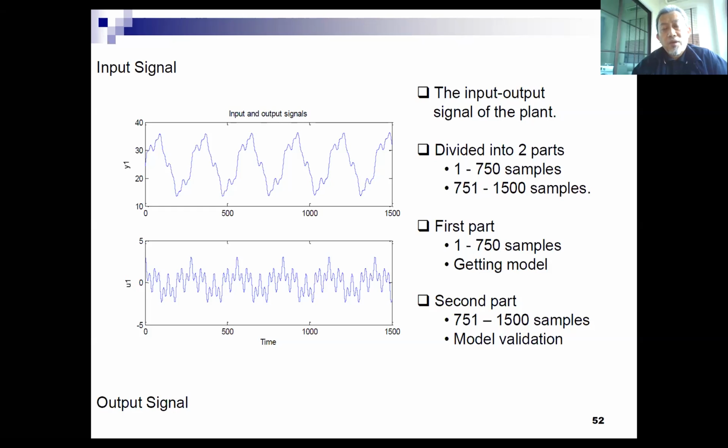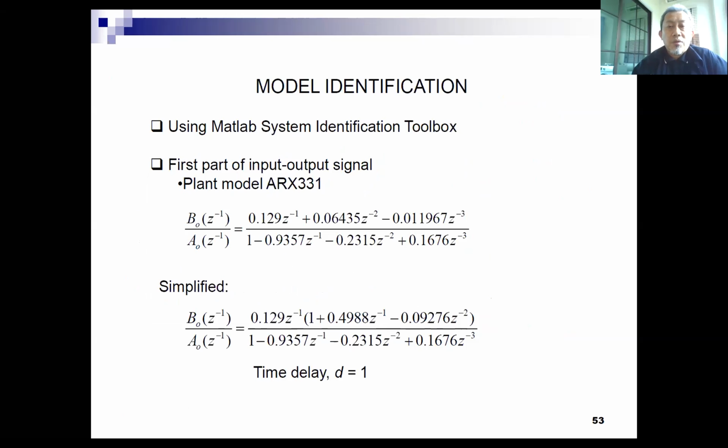The first 750 are for estimation, the remaining 750 for the validations. Then by using the system ID toolbox, you get a B polynomial and an A polynomial. This one is equal to 0, has 2 zeros and 3 poles.